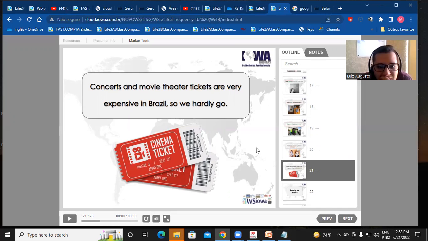A ordem tá ok, tá vendo? We hardly go, mas faltando uma palavrinha aí que acompanha ele. Hardly. Eu não uso muito hardly, I don't use, but this. Hardly ever. Ah, nossa, eu não ia acertar não. Quase nunca, hardly ever. Yes. We hardly ever. Okay.